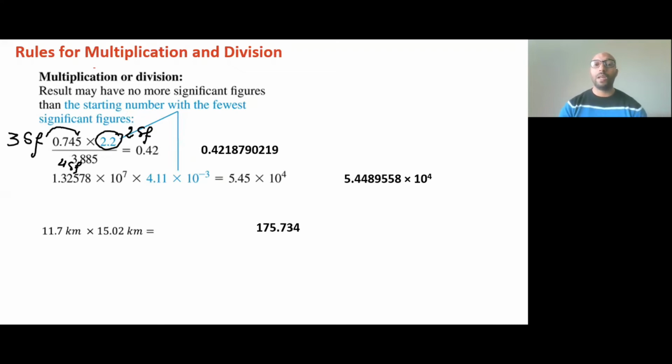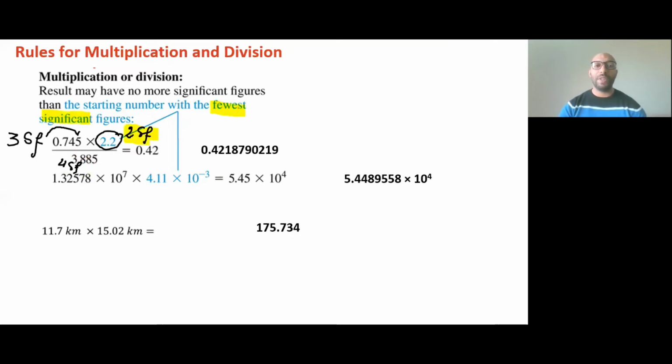Now we will check the lowest significant figure count. In the rule, we said the result may have no more significant figures than the starting number with the fewest significant figures. So we will choose the fewest significant figures. Here in our case, we have 2.